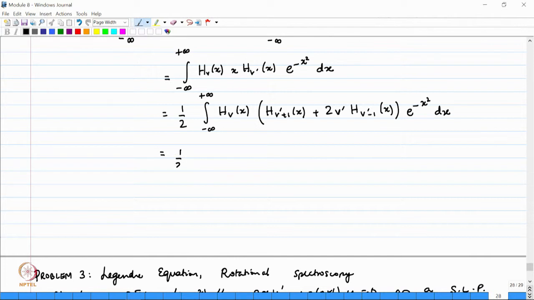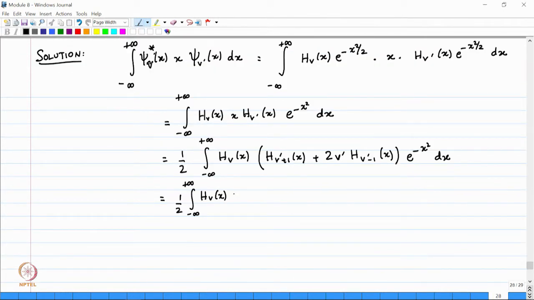The first term is half integral from minus infinity to plus infinity h v of x h v prime plus 1 of x e to the minus x square dx plus, I will just take the v prime outside, it is independent of x, the integral of h v of x h v prime minus 1 of x e to the minus x square dx.